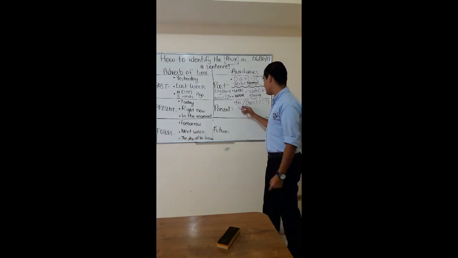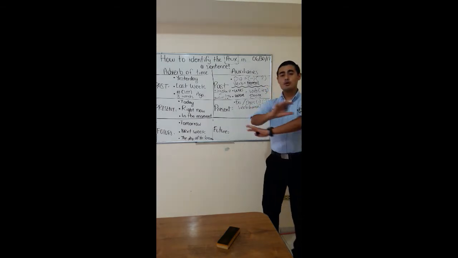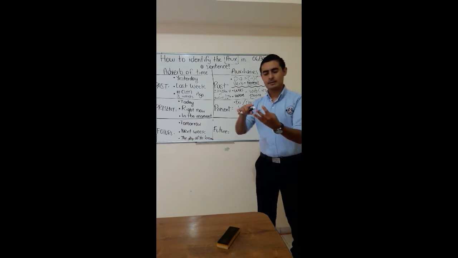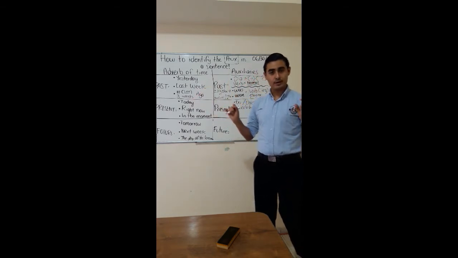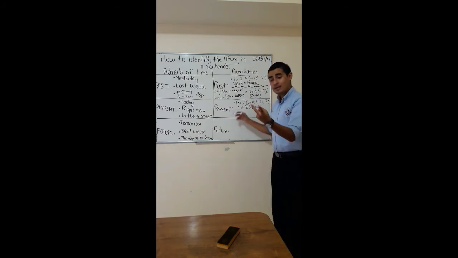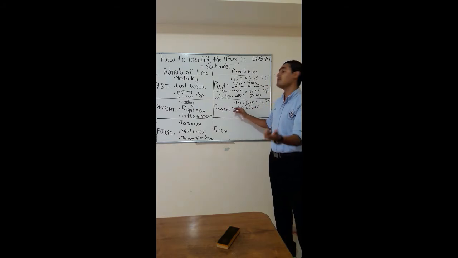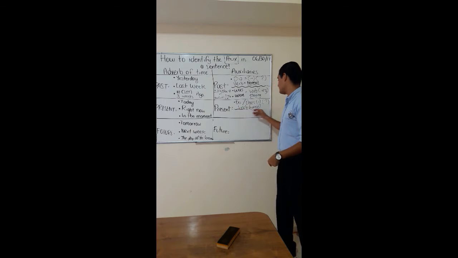And the verb is normal. No ing, no s, no ed, nothing. The verb is normal, okay? And also, we have a different form of auxiliary for present.